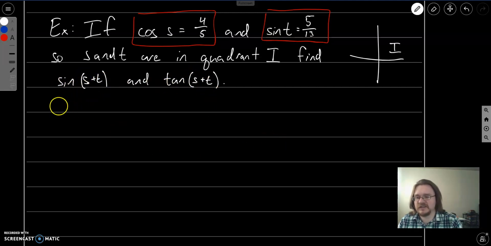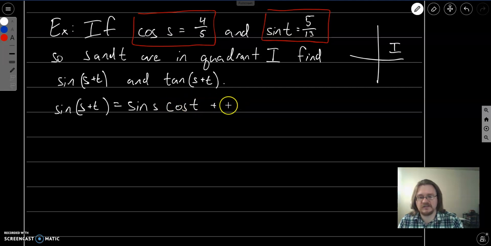So first and foremost, let's just write down what sine of S plus T is. This is going to be the sine of S times the cosine of T plus the sine of the other one, T, times the cosine of the other one, which is S. So as long as we know the sine of both those angles and the cosine of both those angles, we're good to go.